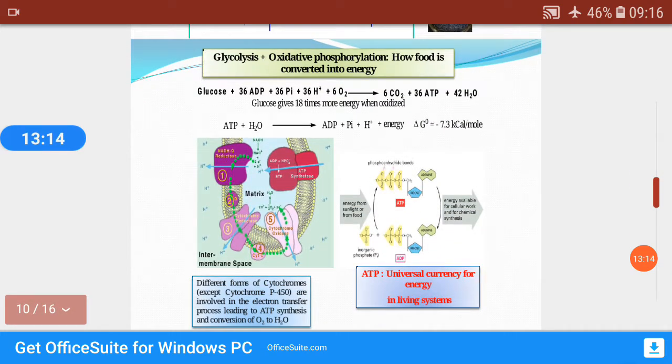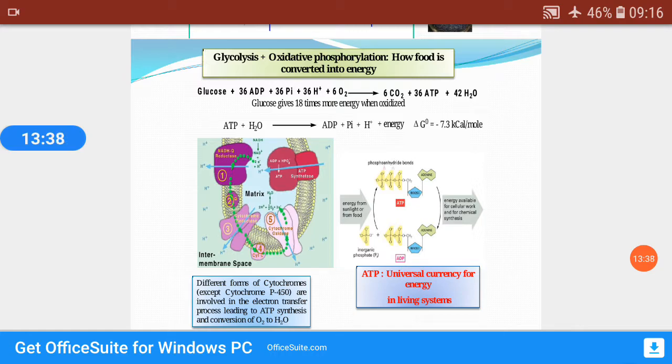So next one is very interesting, that is how food is converted into energy, and that is the process involving glycolysis as well as oxidative phosphorylation, which is assisted by even iron containing proteins also, along with other types of enzymatic systems.